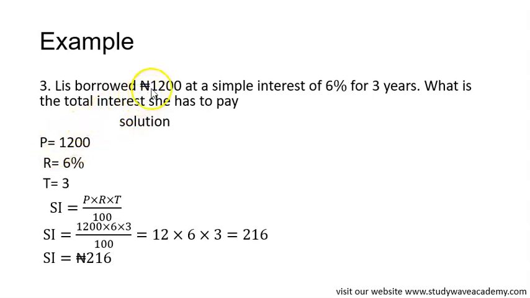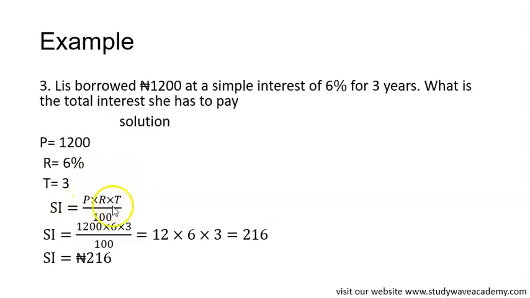So the principal here is 1,200 naira. And the rate is 6% and the time is 3 years, okay? So to find the simple interest, the interest she has to pay after 3 years, we use the simple interest formula, okay?